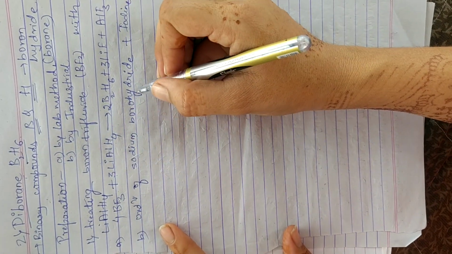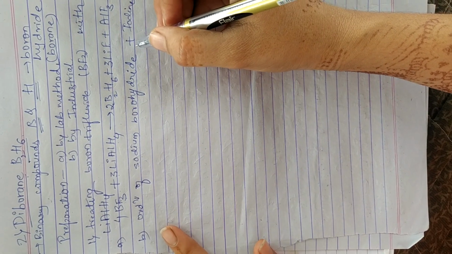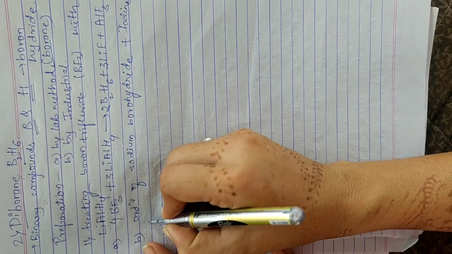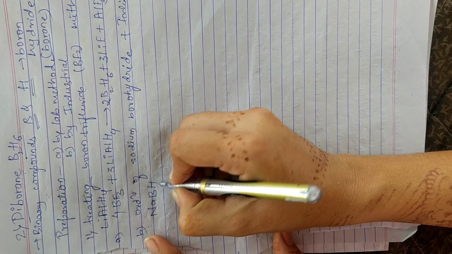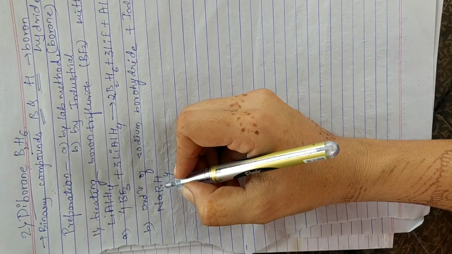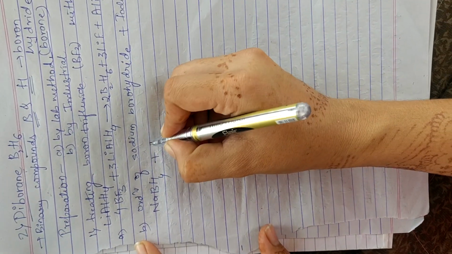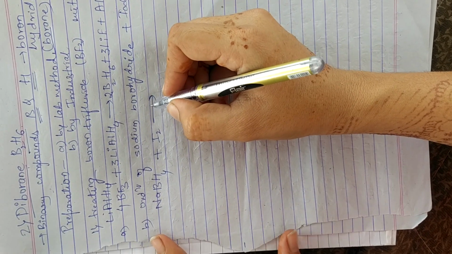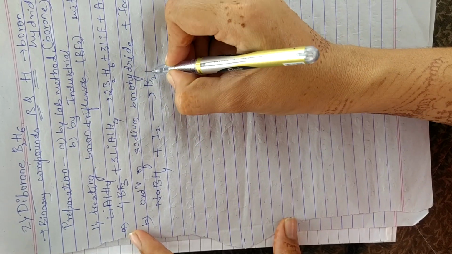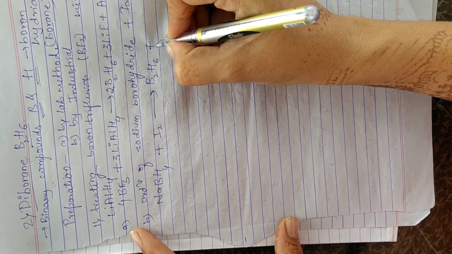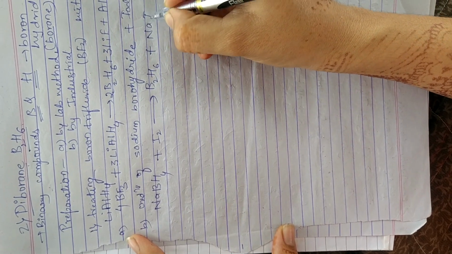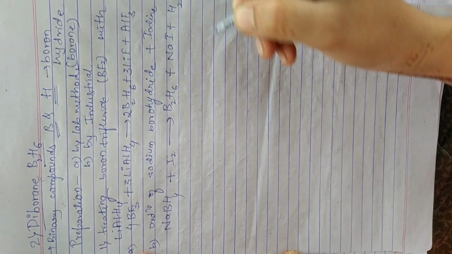Take the sodium borohydride, formula NaBH4. Treat with I2, meaning iodine, which will give diborane B2H6 along with sodium iodide plus hydrogen molecule.